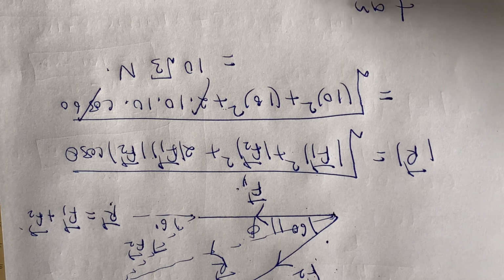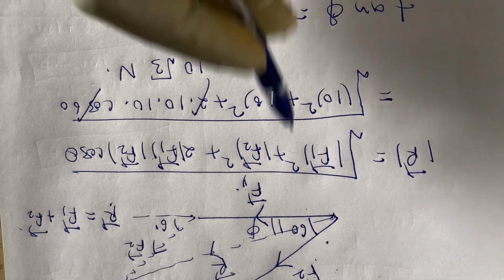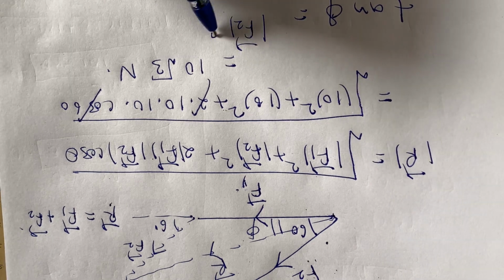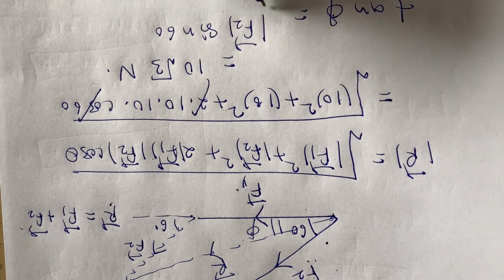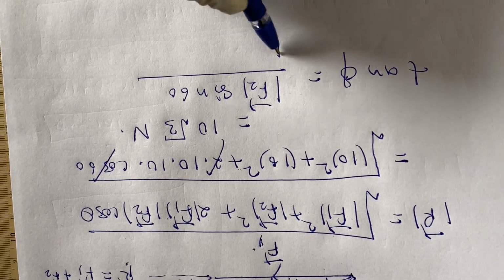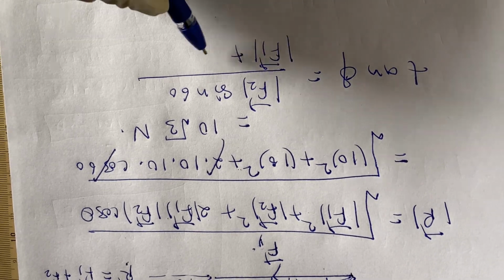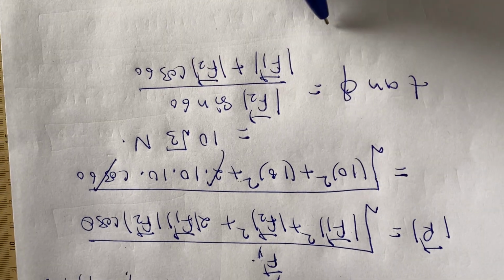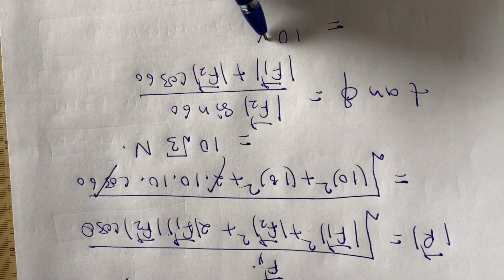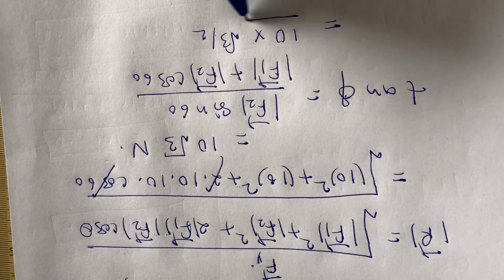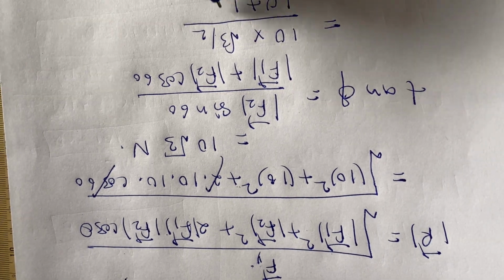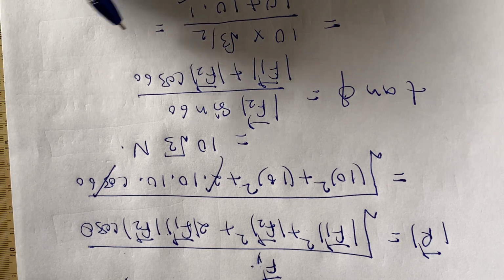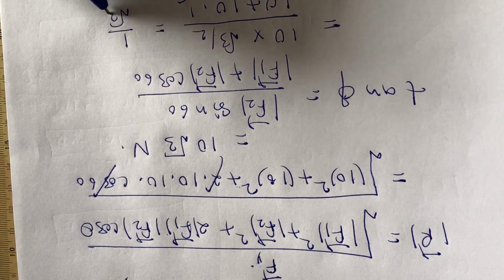By using that relation, tan phi, instead of Q here it is F2 mod sine 60 over F1 magnitude plus F2 cos 60, which is 10 into root 3 by 2 upon 10 plus 10 into 1 by 2. This is 15. So it comes out to be 1 by root 3.